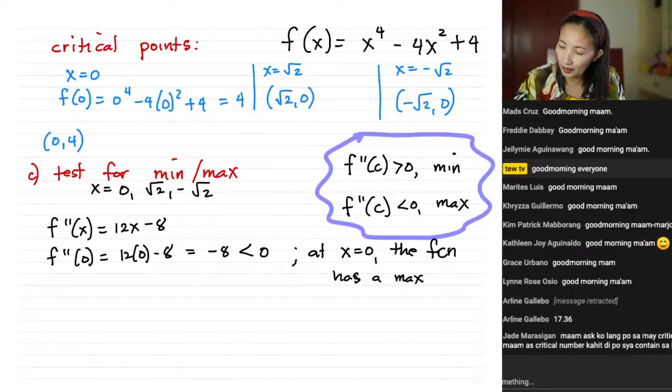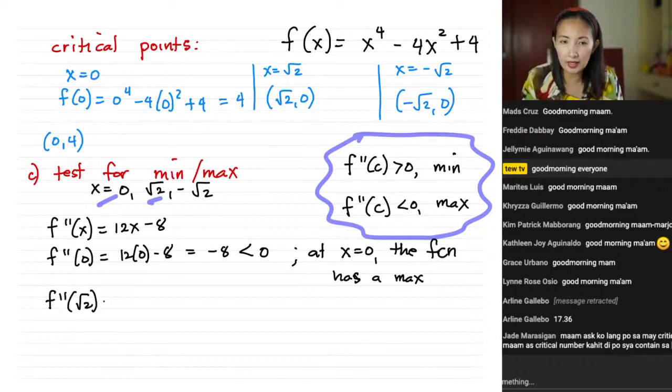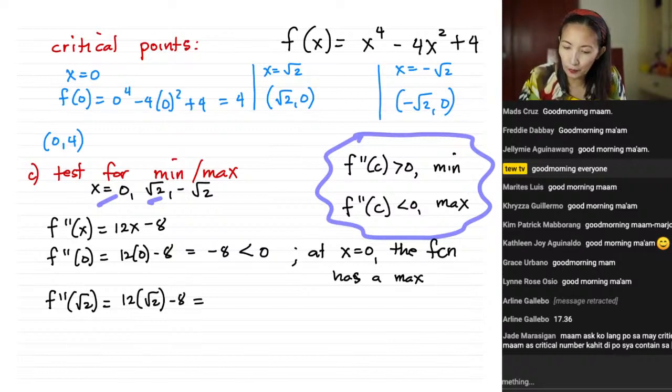Next, so we're done with this. We proceed to x equal to square root of 2. What is f double prime of square root of 2? Okay, what is it equal to? f double prime will be 12 times the square root of 2 minus 8. And what is this equal to?